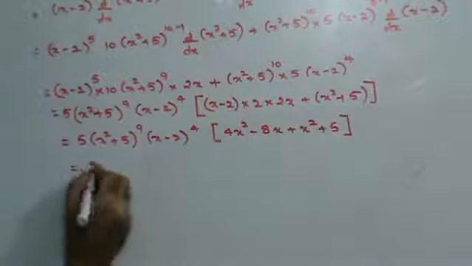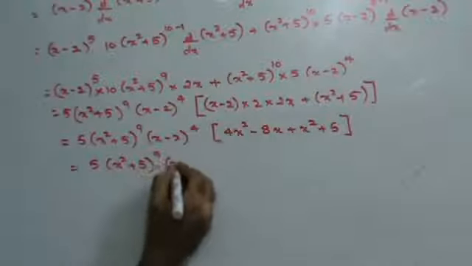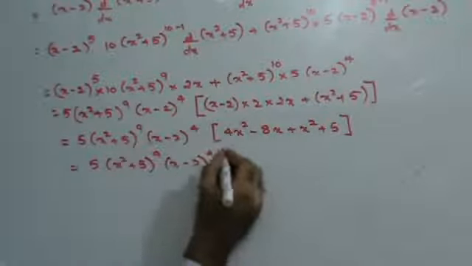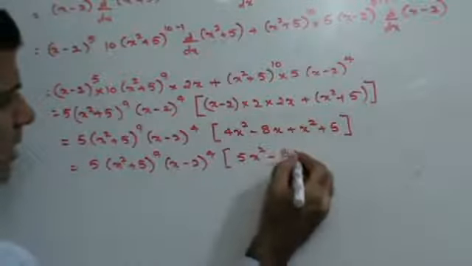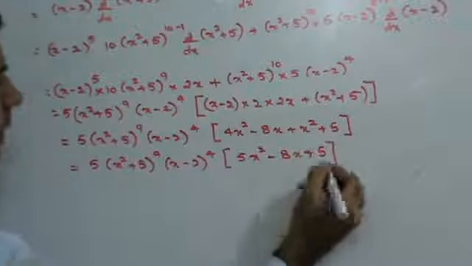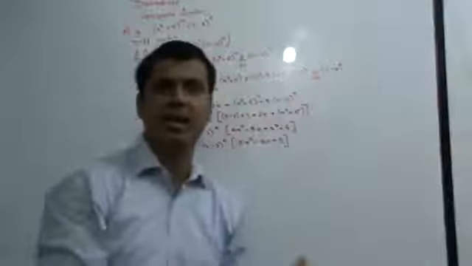So this is going to be 5 (x square plus 5) the whole raised to 9, (x minus 2) the whole raised to 4 times (5x square minus 8x plus 5). I cannot factorize this quadratic, therefore the answer remains as it is.